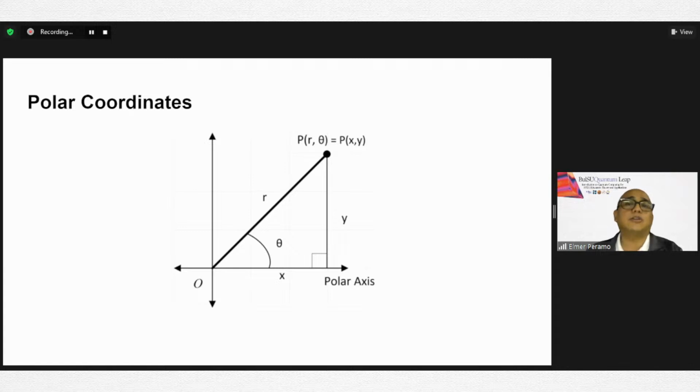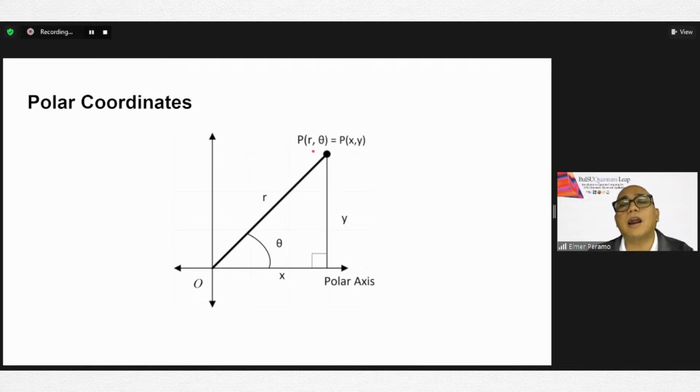So that's your Cartesian coordinate system. But you can also locate a point using two parameters: its distance from the origin and the angle it makes on the horizontal axis. This is the polar coordinates.